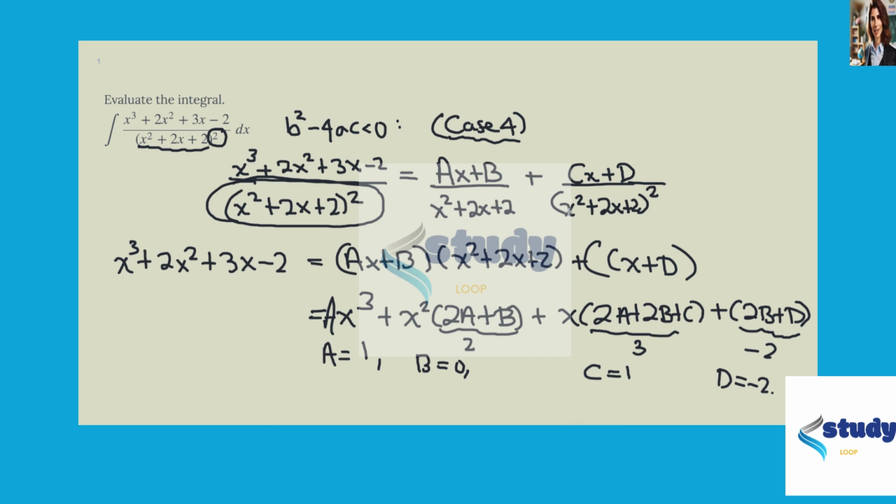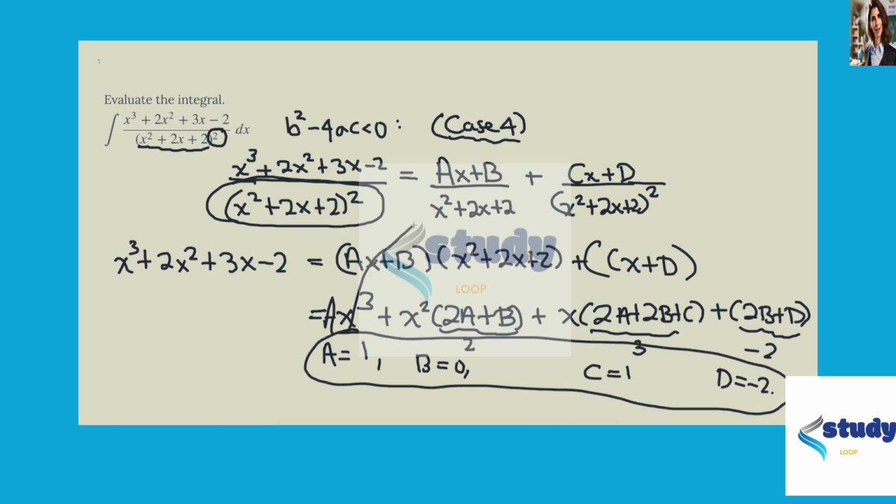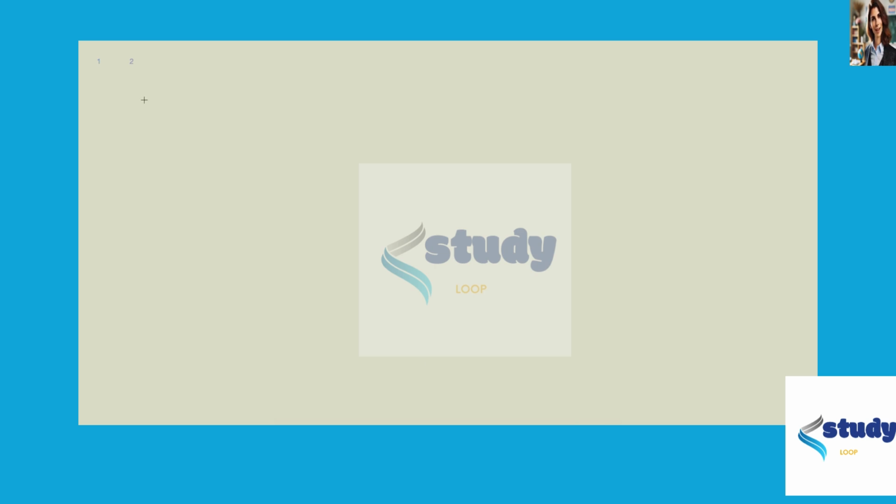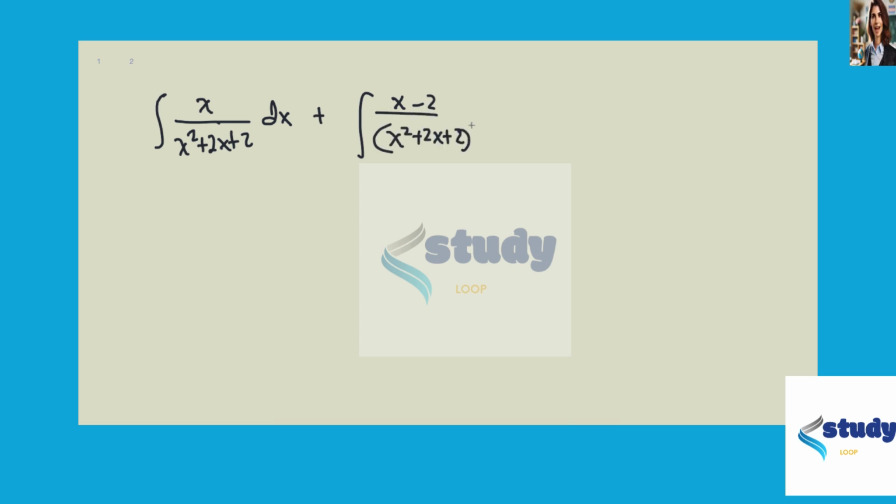So let's go ahead and plug in our values for a, b, c, and d into the partial fraction, and then we'll integrate this over here. So plugging in our constants, there's our integrals.